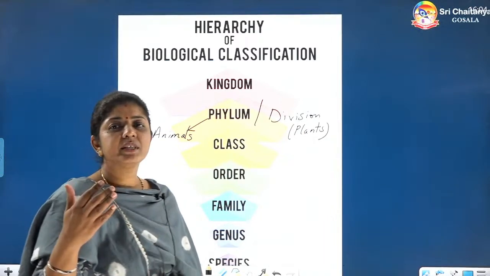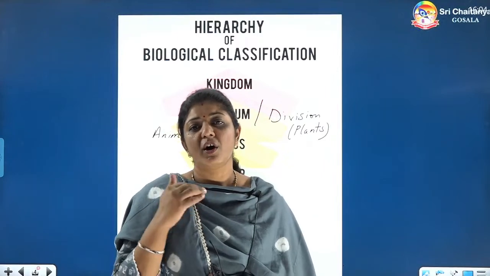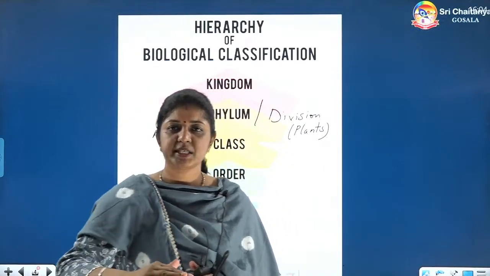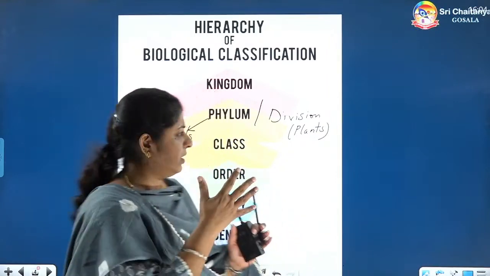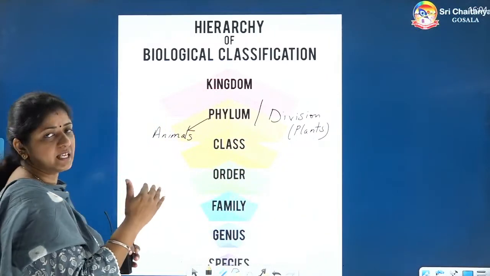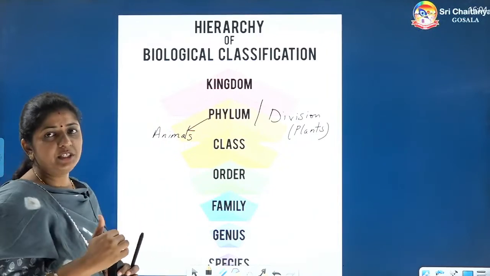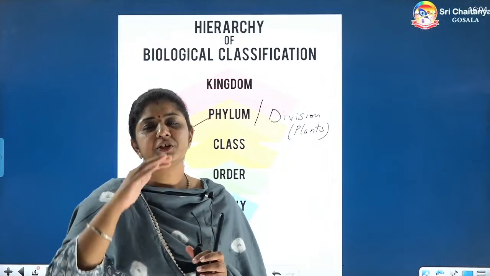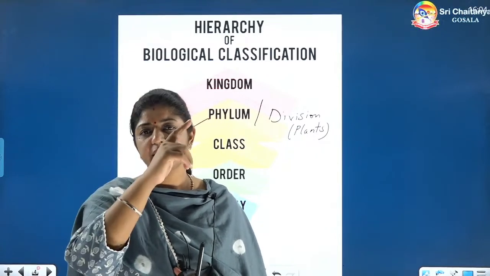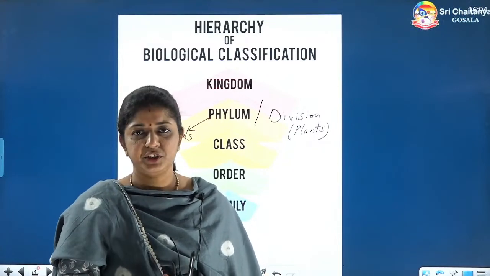Like earlier we discussed the hierarchy of organization. There we started from the basic level, the cell, then went up to the organism. Right now we are discussing the hierarchy of biological classification, how we classify things. So the biggest unit is the kingdom and the basic one is the species.